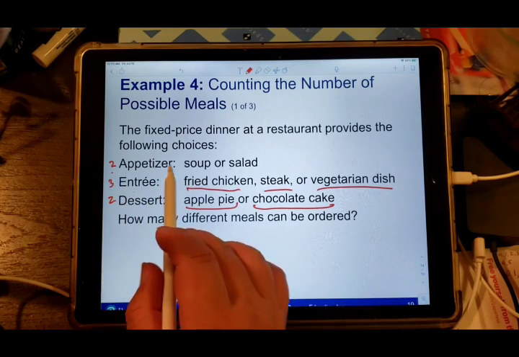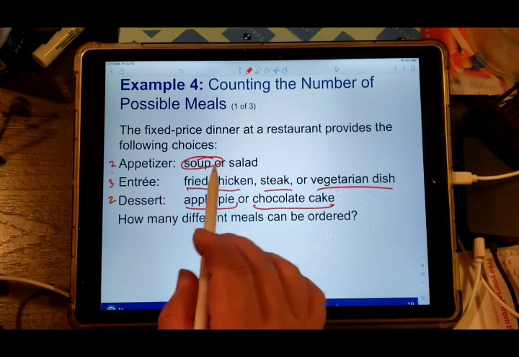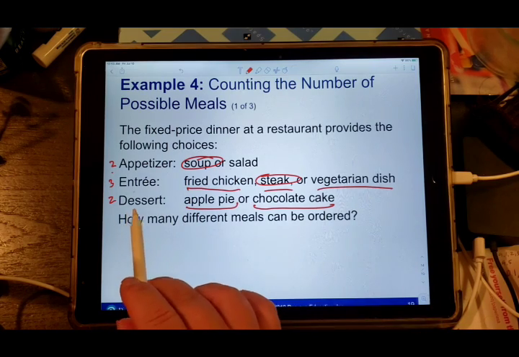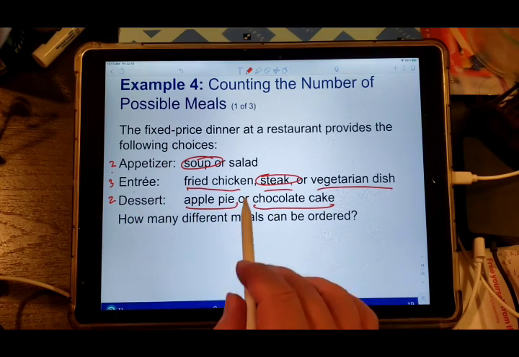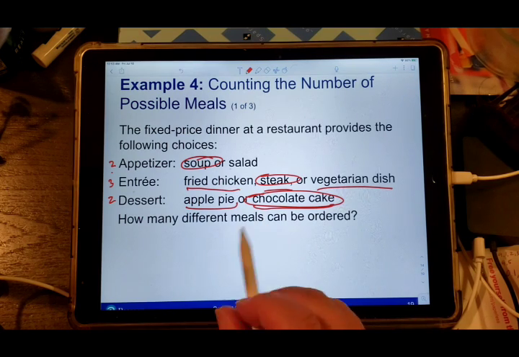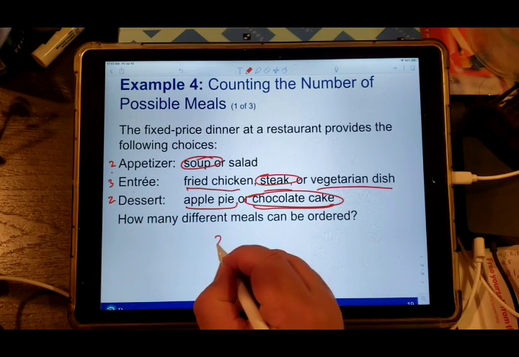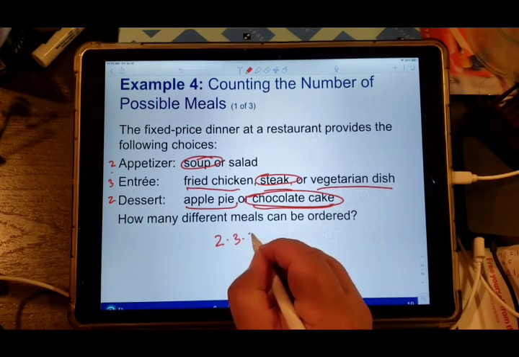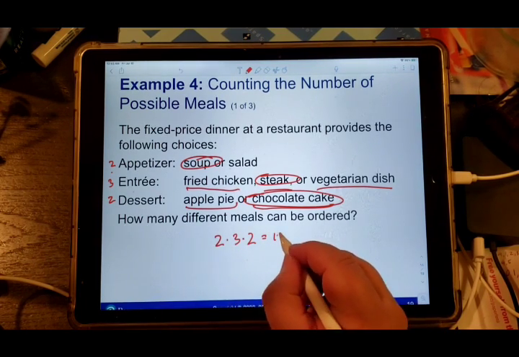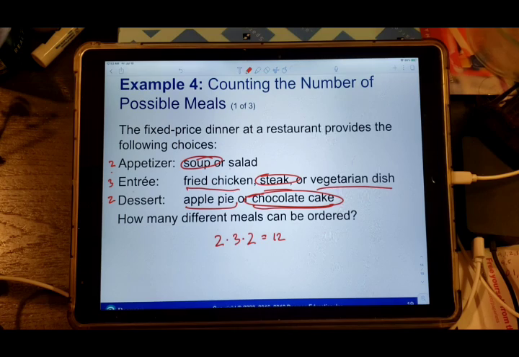Task 1 is select soup or salad. Task 2 is select your entree. And task 3 is to select your dessert. How many ways could I have put a meal together? Well, it's 2 times 3 times 2, which is 12 different ways to put a meal together.